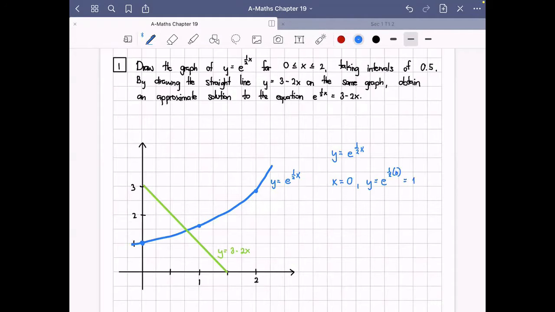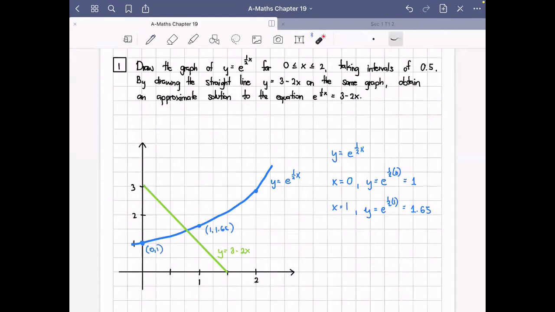That's why we have this point here. If x is equal to 1, what is y? e raised to 1/2 times 1 is 1.65. So that's this point here. Let me write this: this is 1 and 1.65, and this is 0 and 1.